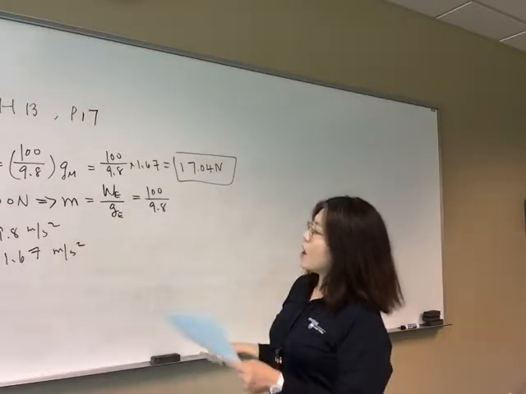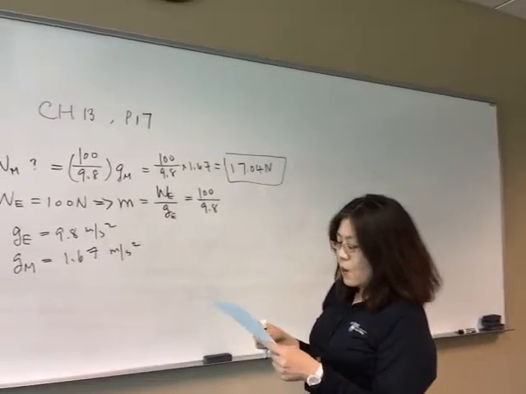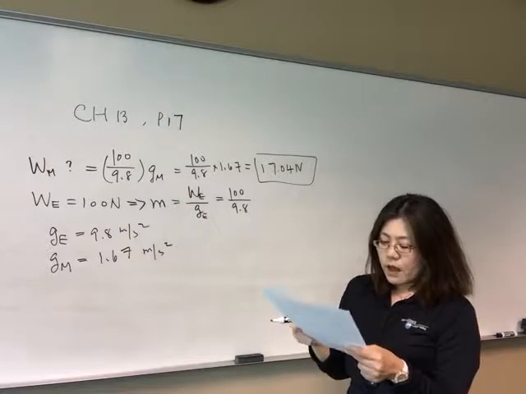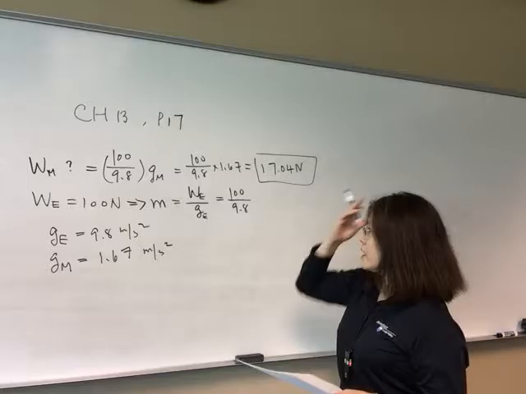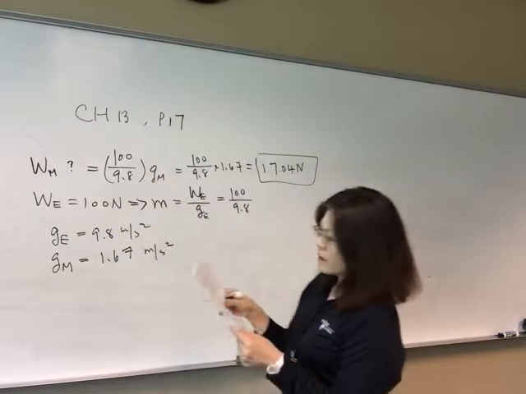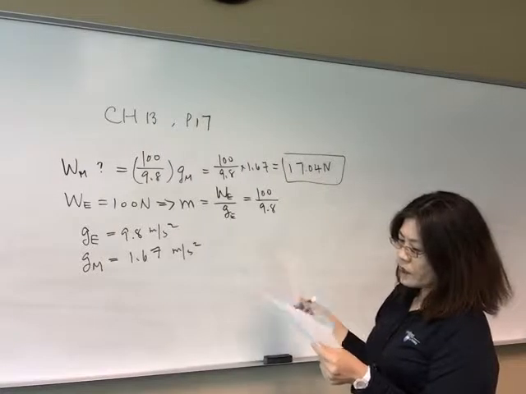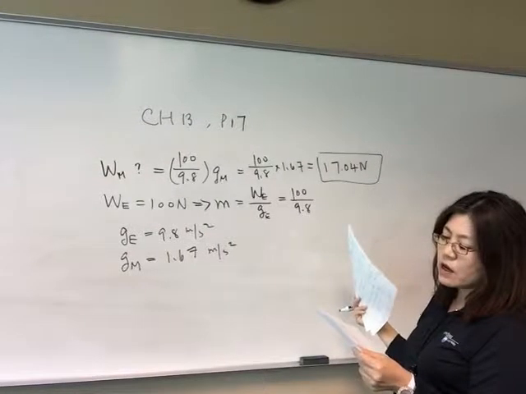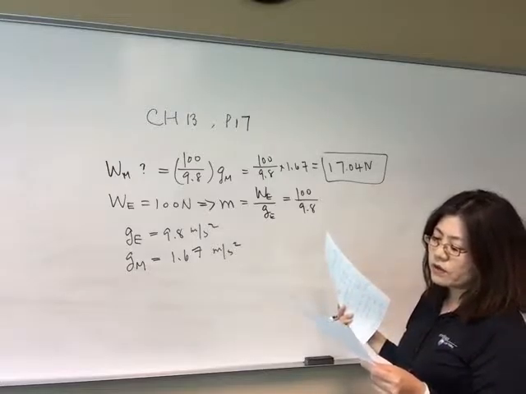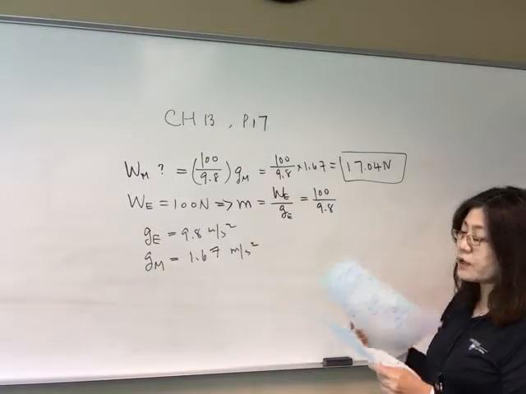And then in the problem, part B asks where would the object be if it weighs the same. Let's see, what is part B? You're asked how many Earth radii from the center of the Earth the same object must be if it's to weigh the same as it does on the moon.